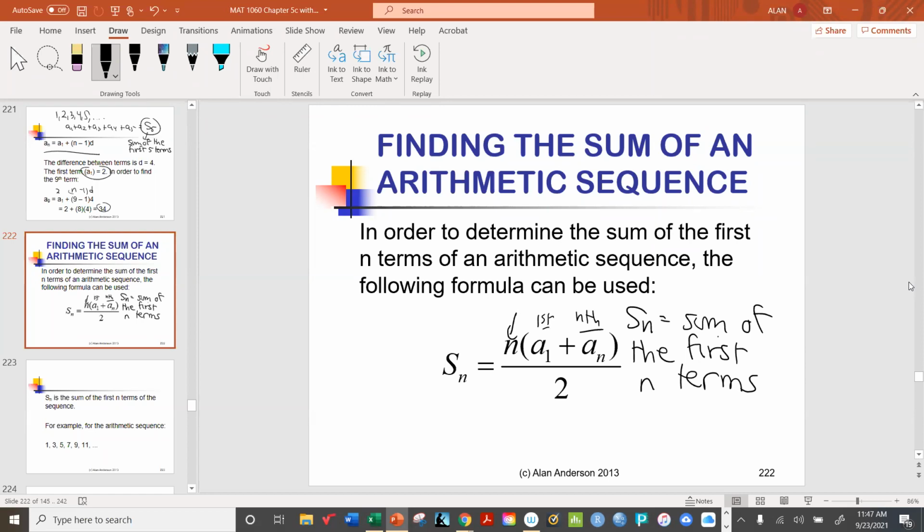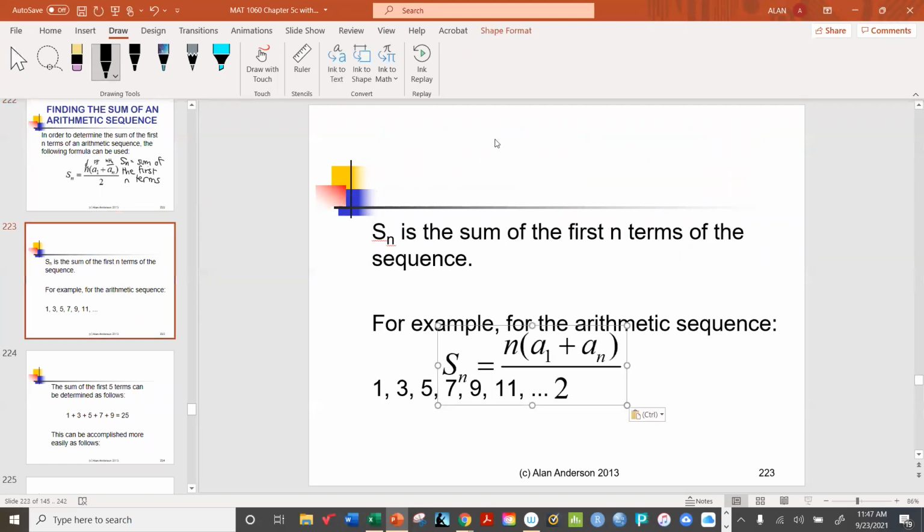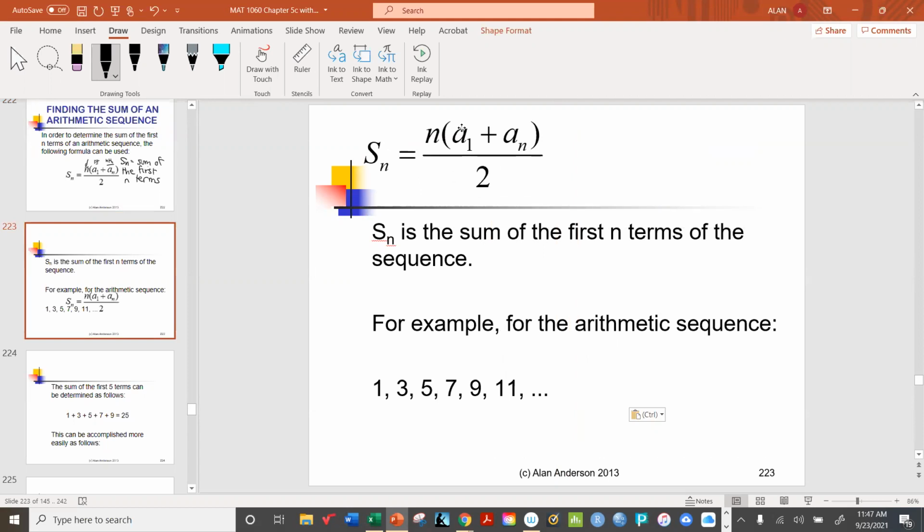So let's just say, for example, our arithmetic sequence is, actually, I'm going to copy this onto the next page. There we go. 1, 3, 5, 7, 9, 11, et cetera, et cetera. And you can see this is definitely an arithmetic sequence because there's a common difference of 2.